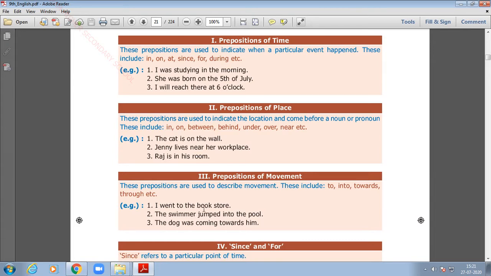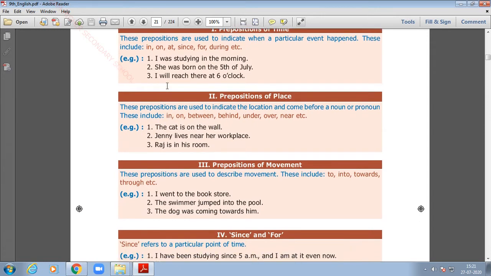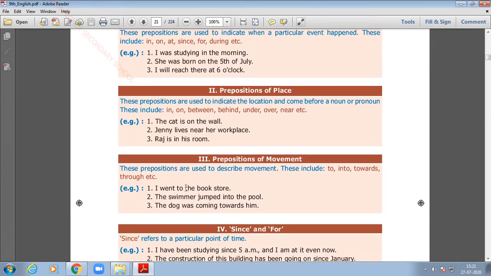Okay, so once again to the definition: a word that is placed before a noun. You'll have to understand a sentence has two nouns sometimes, one before the verb and the other after the verb. The word before the verb is your subject and after the verb is your object, and the placement of the preposition is before the object.